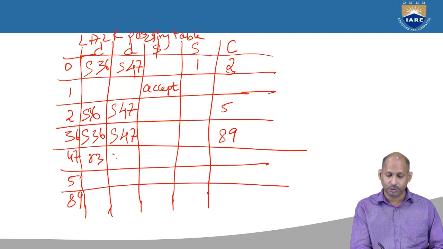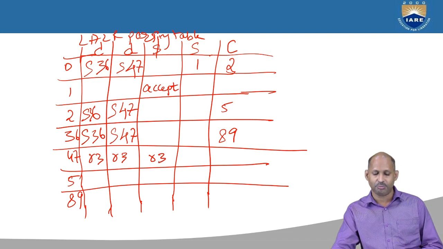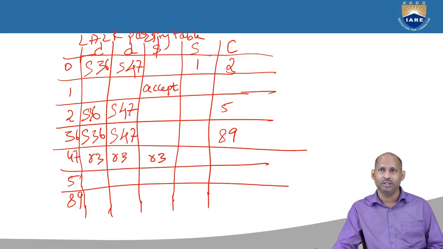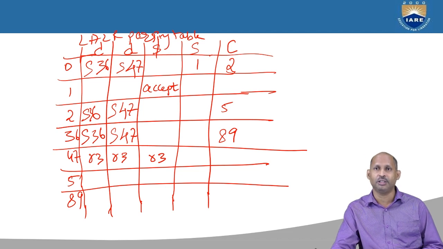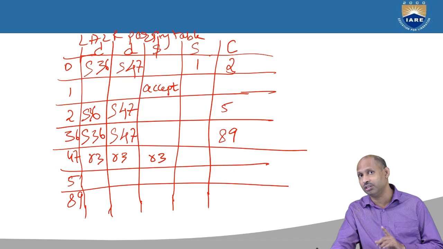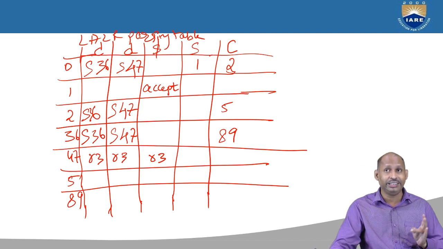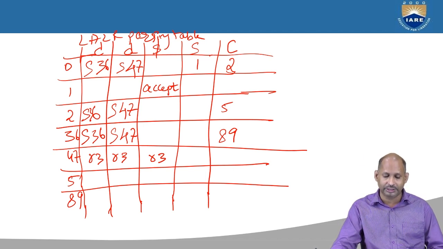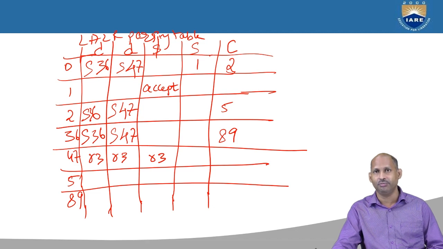So reduce production number 3 for all the lookahead symbols. For I47, the lookahead symbols are C, D and dollar. So in all 3 columns we write reduce production number 3.